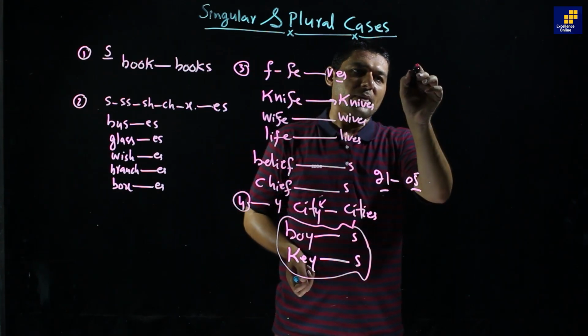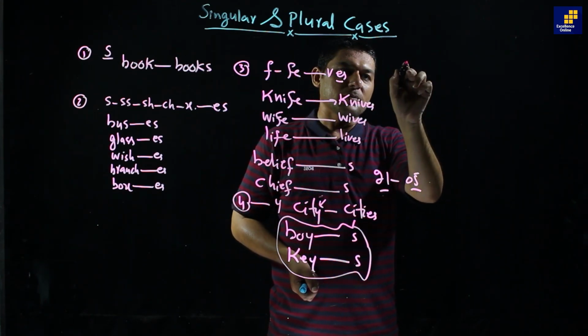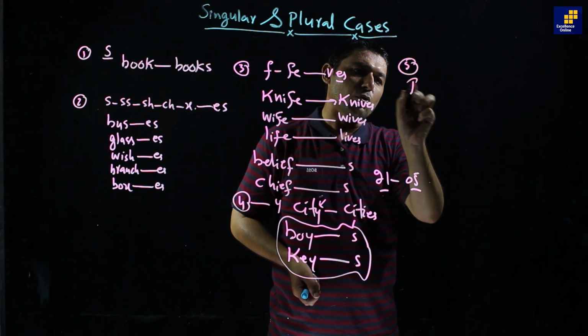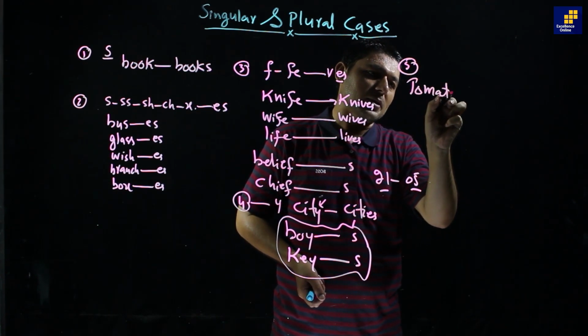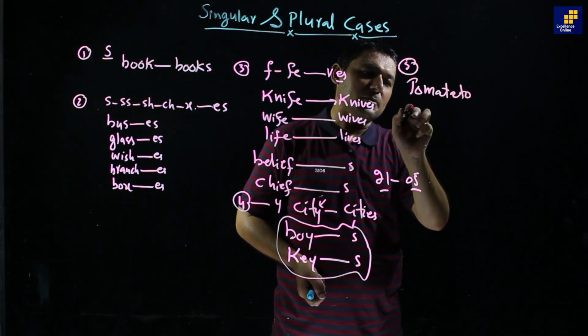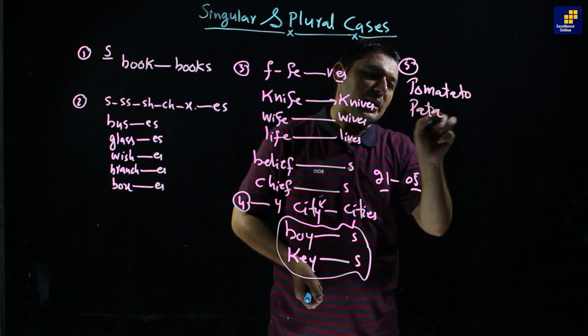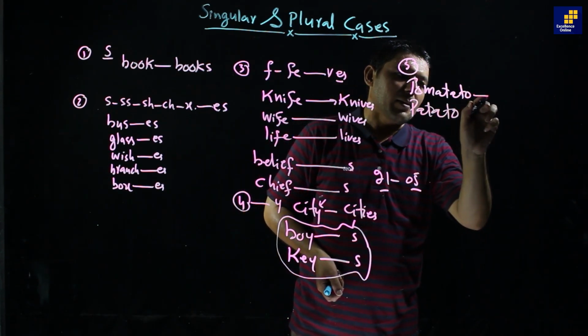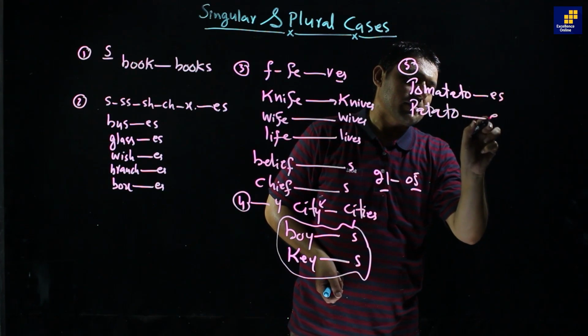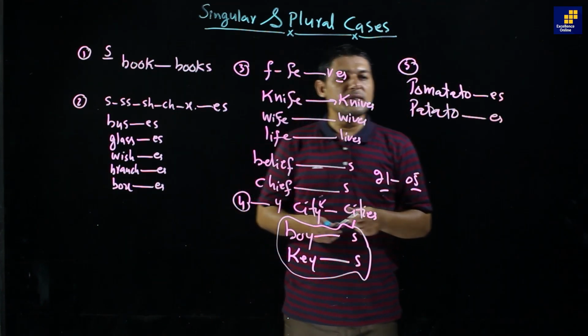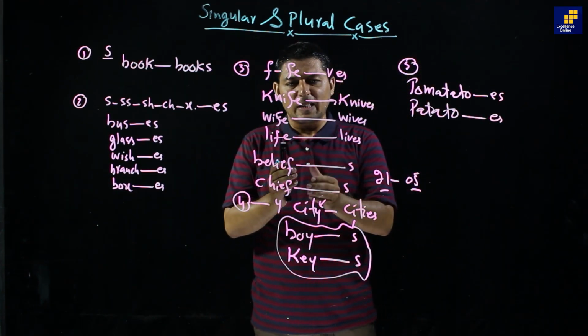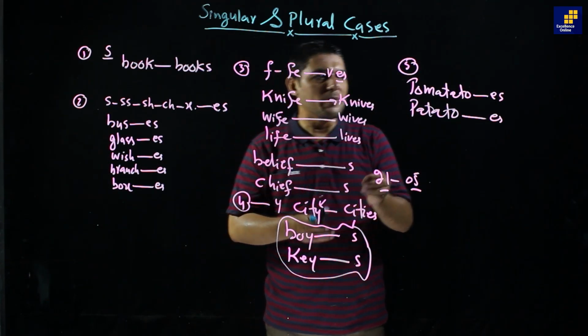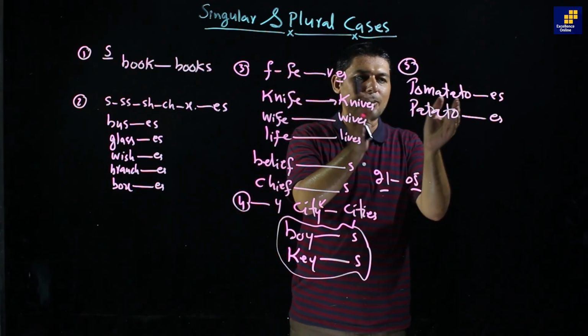Number 5 case: at the end of any noun we have an o sound or o letter. A tomato and a potato, by adding es. If you find an o at the end of any noun, you will add es to make it plural.